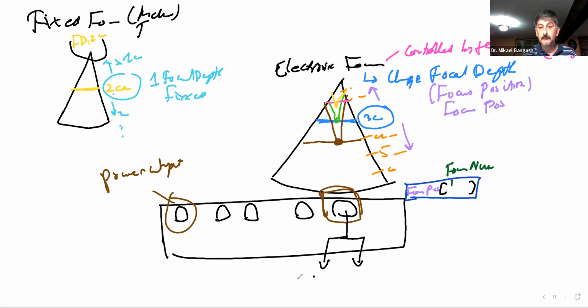One is that we can change the focal position, or we can say change the position of the focal point: move it to a shallower depth, move it to a greater depth. That is going to be done by us adjusting the focus position.